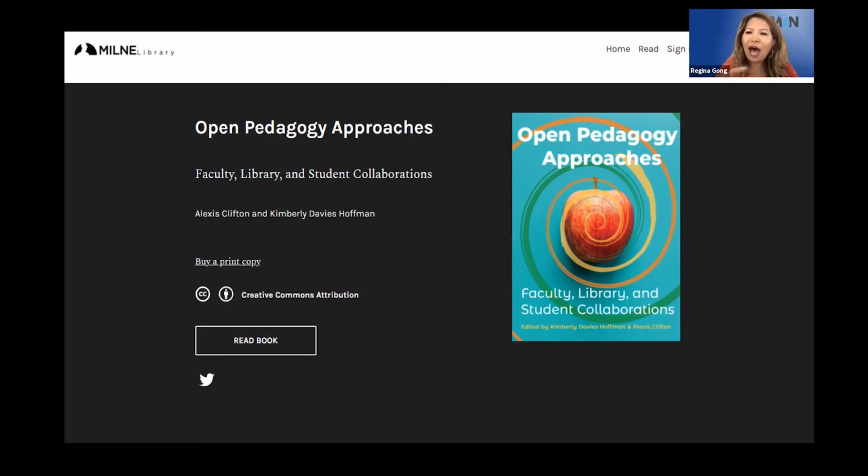So how are open pedagogy practices enacted in other contexts, and how can we apply that in our own context in the classroom? This OER has a lot of examples that we drew from, and it's called Open Pedagogy Approaches. What's good about this is that it highlights faculty and library student collaborations when it comes to open pedagogy. So we drew on a lot of examples from this as well.